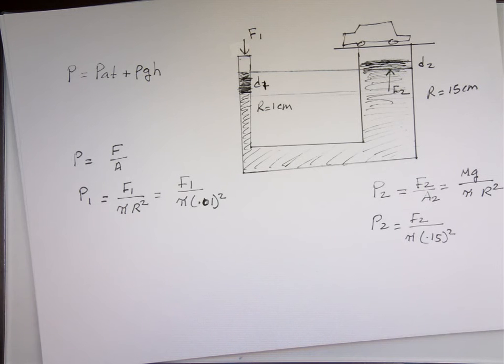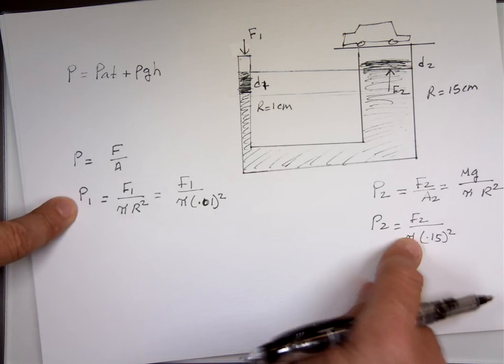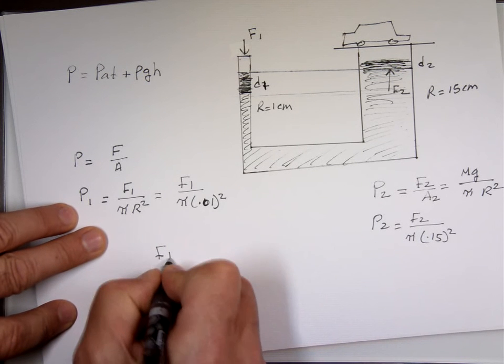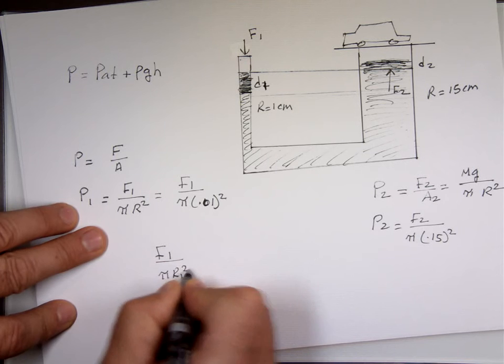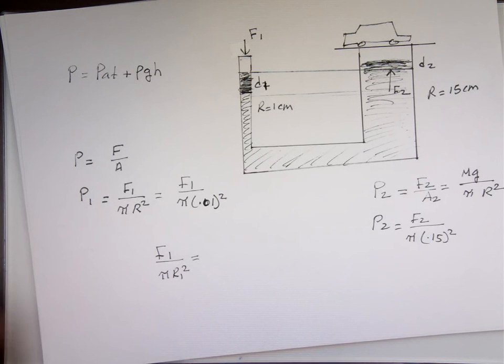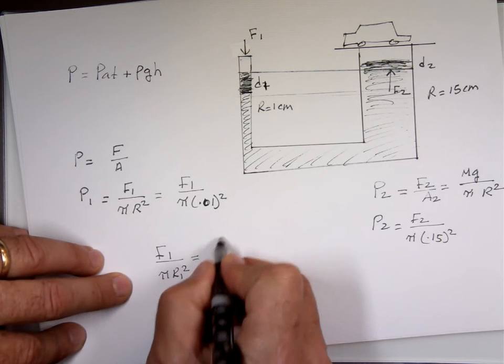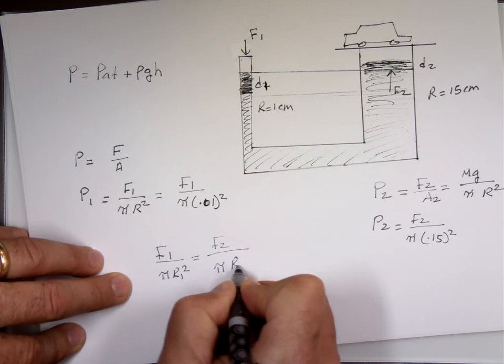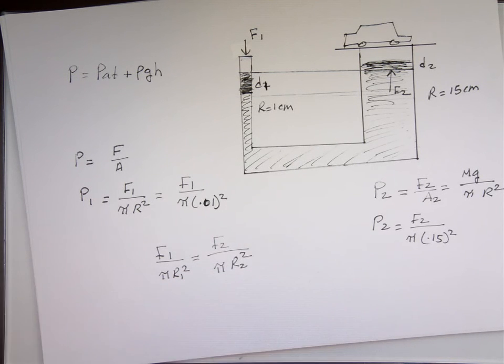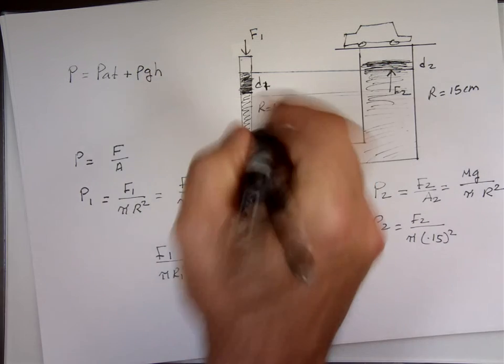Well, if the pressure is the same, set these two equal to each other. What are you going to have? Force 1 over pi r1 squared equals force 2 over pi r2 squared, as I'm trying to come up with an equation. This is r sub 1, this is r sub 2.